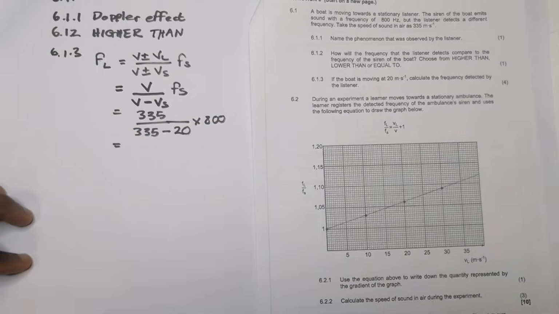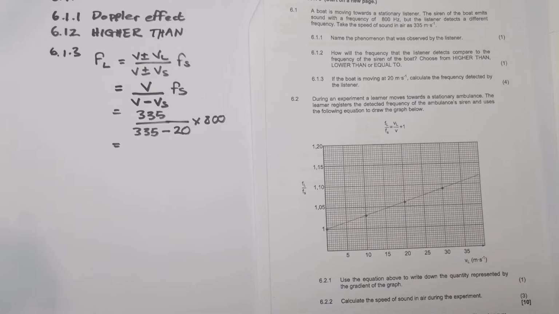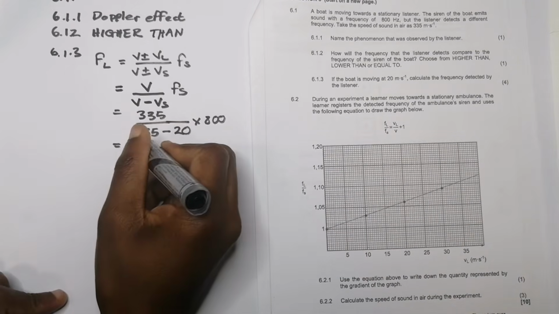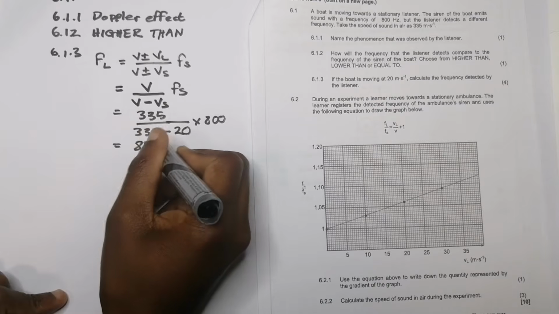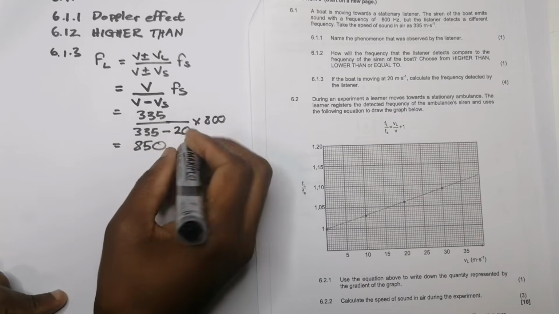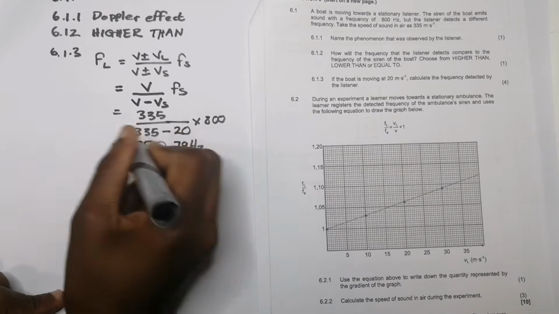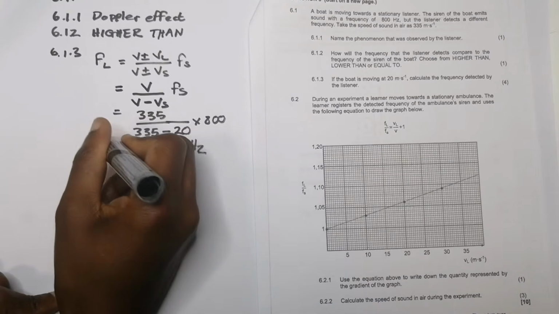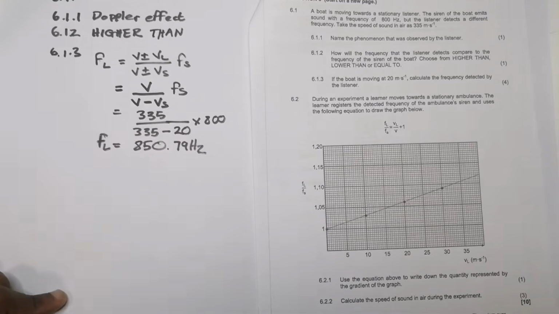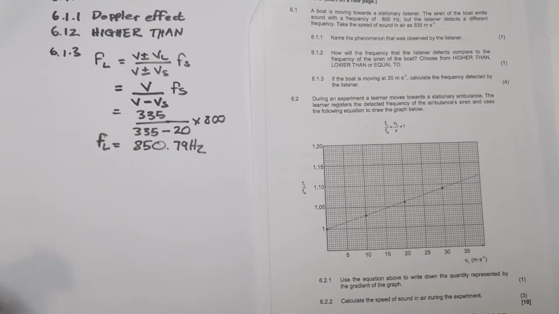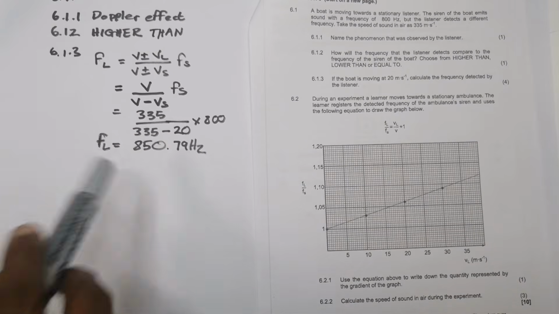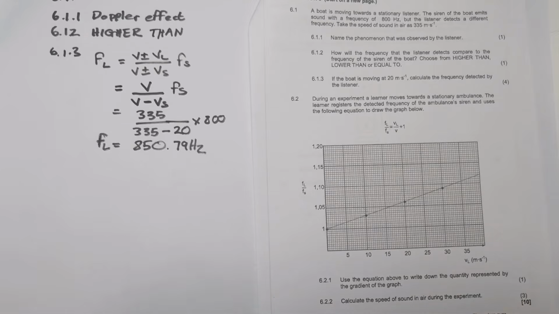And that should give us, I get an answer of 850.79 hertz. And of course, as I said, we already anticipated that the frequency of the detected sound waves should be higher than that which is emitted by the source.